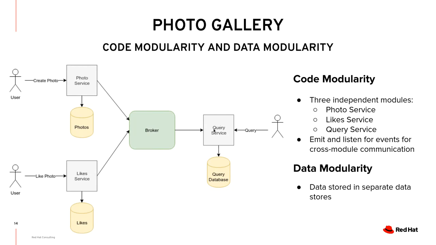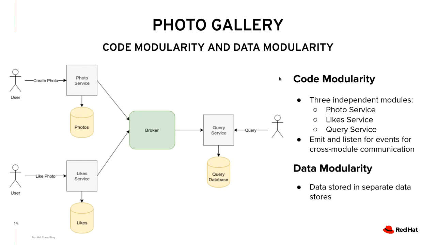Based on the information coming in the messages, the query service is preparing its own data store to be able to later answer the queries about what are the most popular photos for the given category.